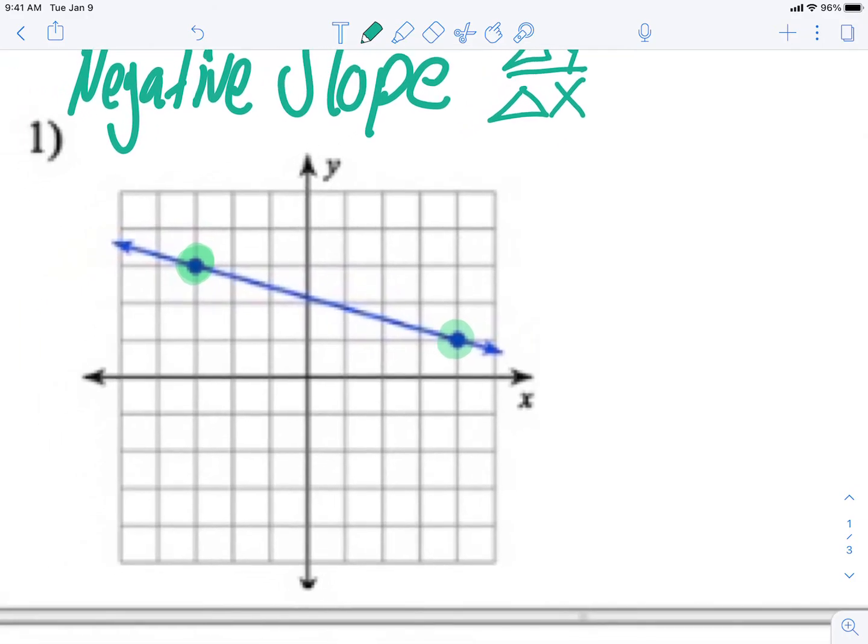So that means that I'm going to start here and I'm going to go down. I'm going to go down 1, 2. So I went down 2. When you go down 2, that means it's a negative 2. Negative 2. And now I want to get from here to here.